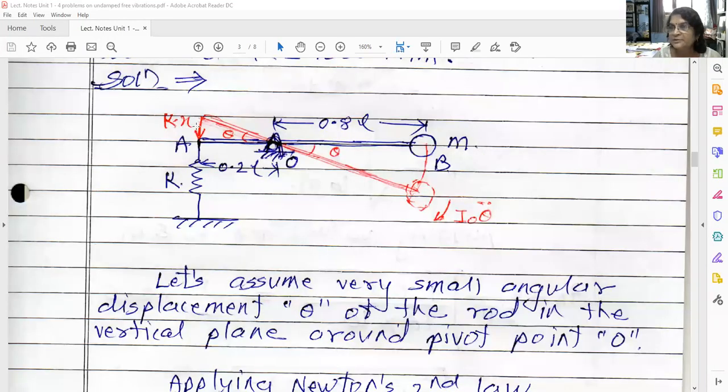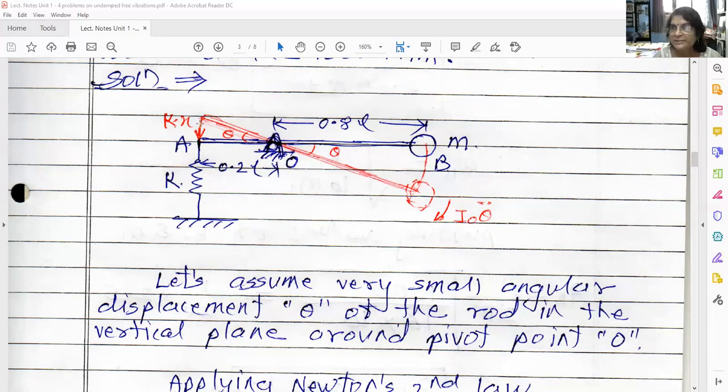So what is the spring force now? K into X. In which direction is it acting? As the spring is getting stretched, the spring force will be downward. So it will give moment about this point O in the anti-clockwise direction. So it will be a negative torque because we have assumed clockwise positive. What will be the moment of this spring force about point O?